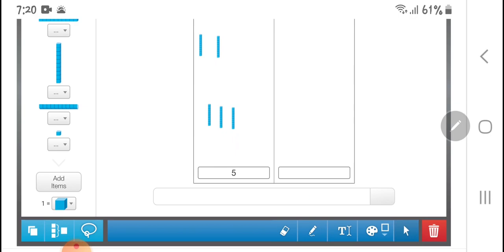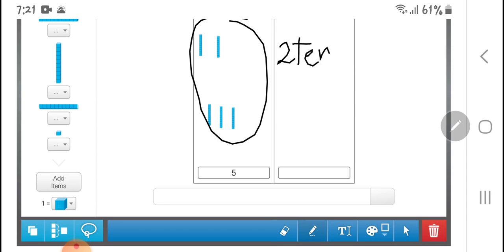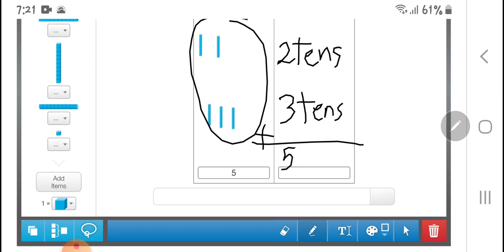If I ask you how many all together, what will you say? 2 tens and 3 tens together. If you put them together, you'll use the plus sign, equals 5 tens.